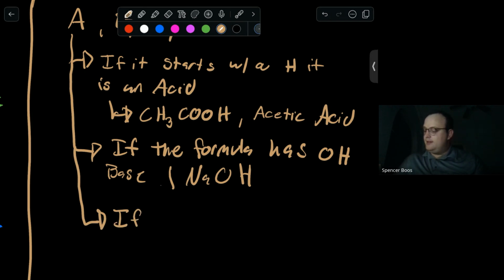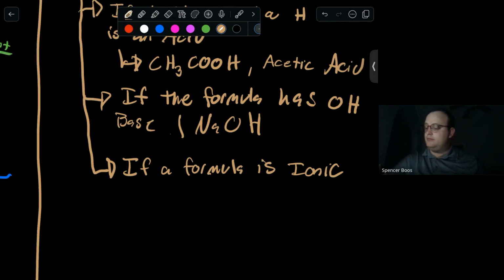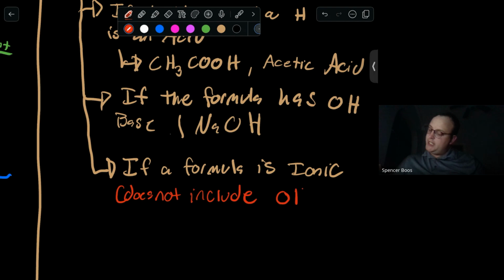If a formula is ionic, that does not include OH minus or an oxygen ion acting as your anion, this makes it a salt.